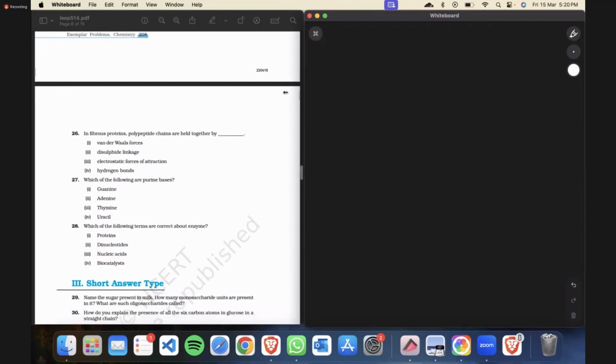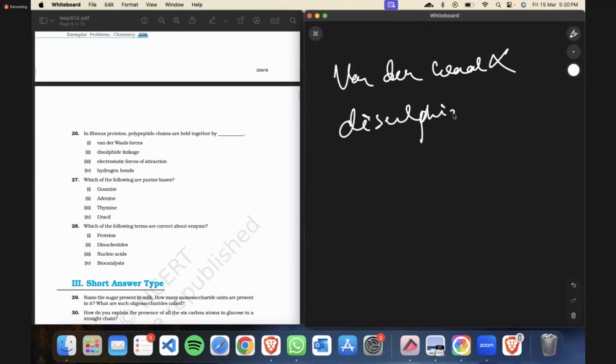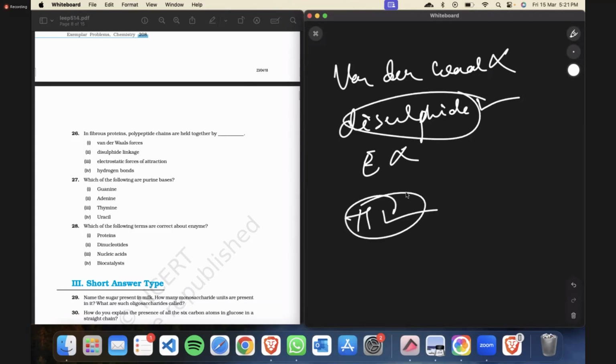Van der Waals force is no. Disulfide linkage is correct. Electrostatic is no. Hydrogen bond, yes. So disulfide linkage and hydrogen bond are the two correct options for fibrous proteins.